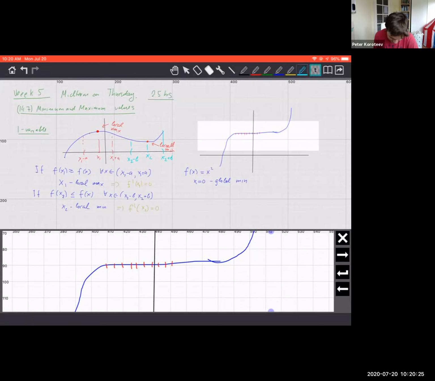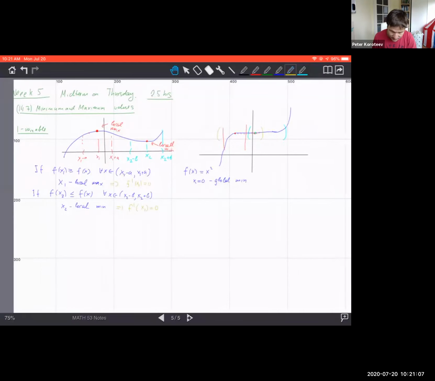If you take this point over here and pick a neighborhood like that, it is a local maximum. But say a point from the middle, if you take a neighborhood like this, it will be a local minimum, and if you take a neighborhood like that, it will be a local maximum. Like it always happens in calculus, if you push your imagination to extremes, you can get some weird examples.